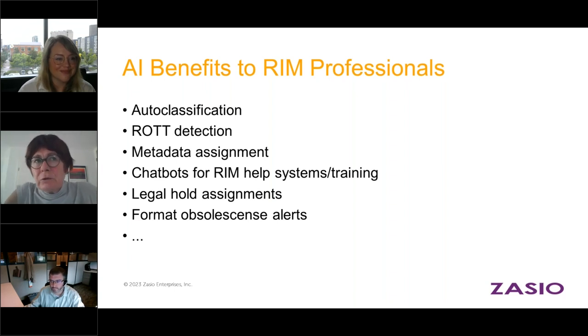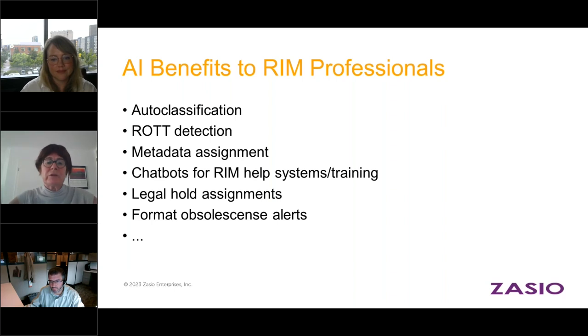So let's take a look at the last section here, the benefits that we see for RIM professionals. Some of that was already mentioned in the beginning: auto classification, ROT detection with network crawlers, metadata assignment, chatbots to help us with RIM systems being rolled out, and training for our customers and clients.